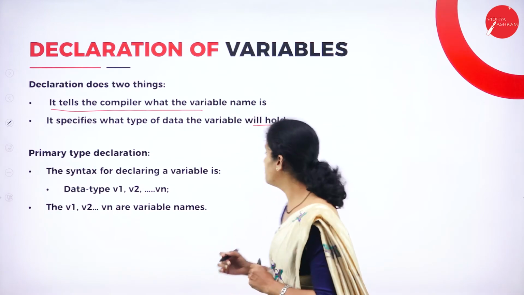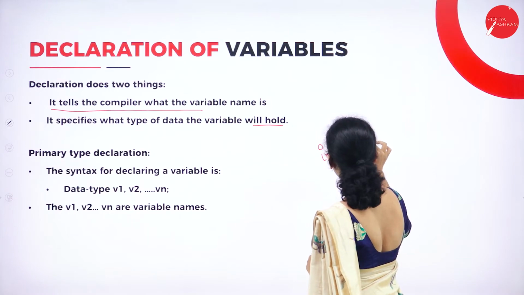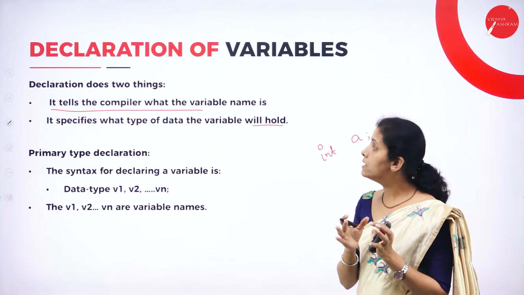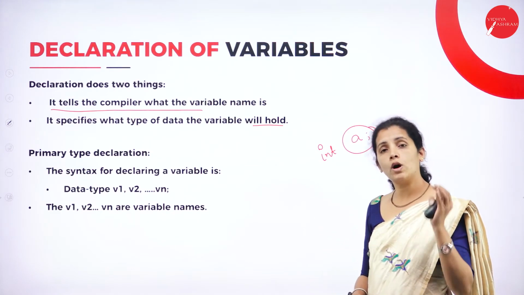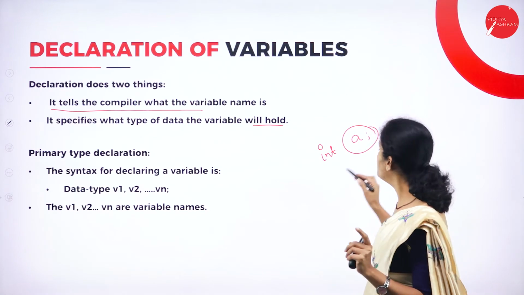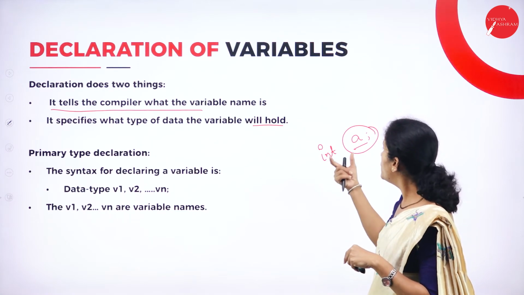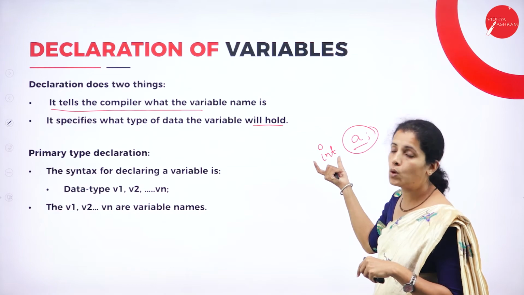For example, if I write int a, what is my first step? It tells the compiler the variable name, that is a. And it also tells which kind of variable, it is integer or whole number.